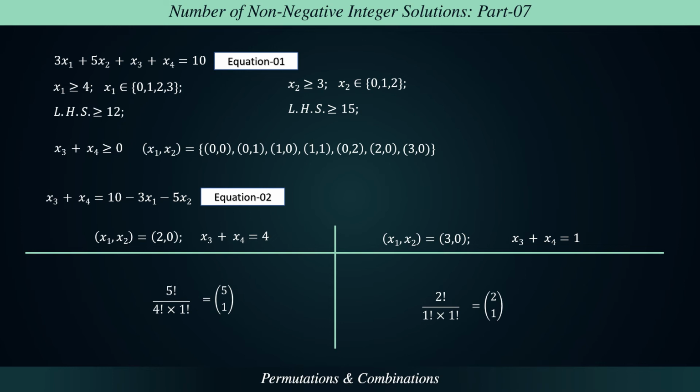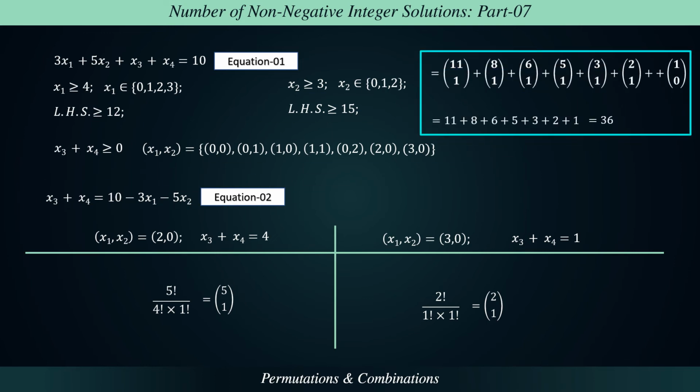According to the addition principle of counting, the sum of the number of non-negative integer solutions of these 7 linear equations is equal to the number of non-negative integer solutions of equation 2, which comes out to be 36. Also, the number of solutions for equation 1 will be the same as the number of solutions of equation 2.